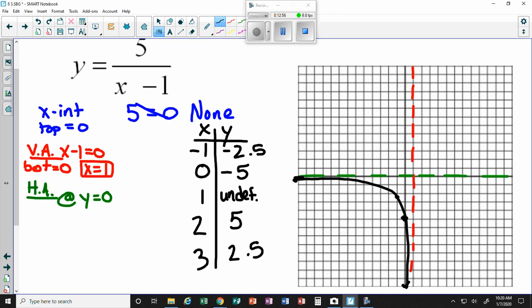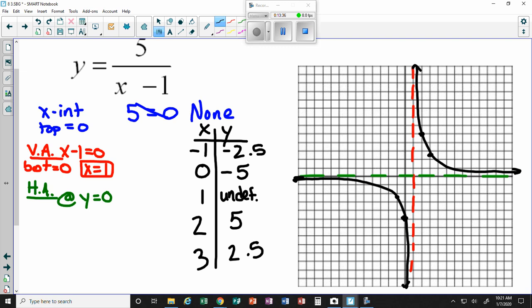Okay, so it's going to go like that. 2 is up at 5. 3 is at 2.5. Same thing. It follows like that. Okay?